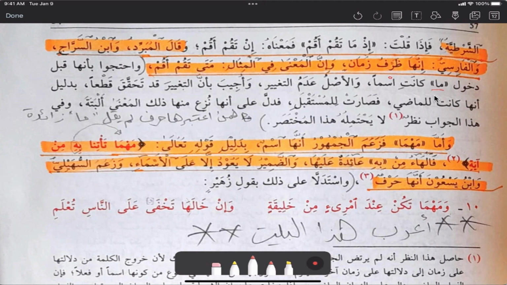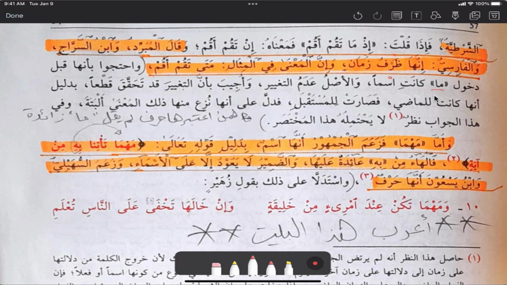And the answer is that it did change. It really did change, though. You're saying the origin is that it didn't change, but it did change, by the evidence that it was for the past.